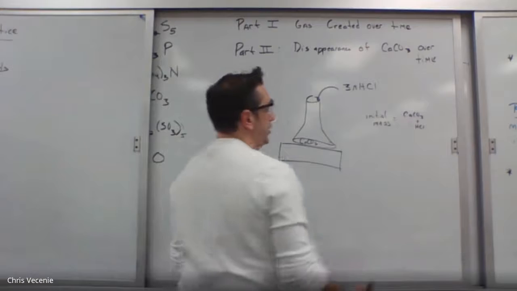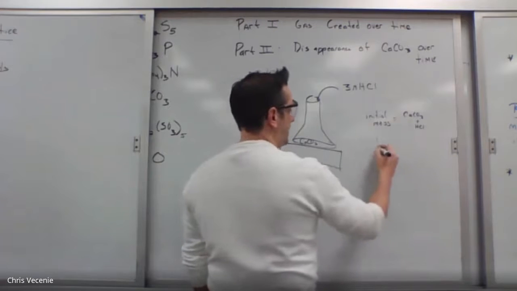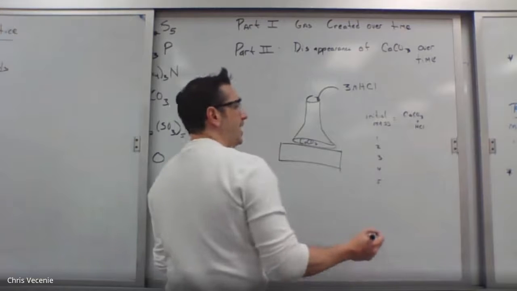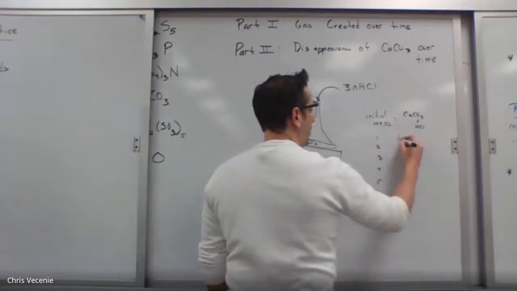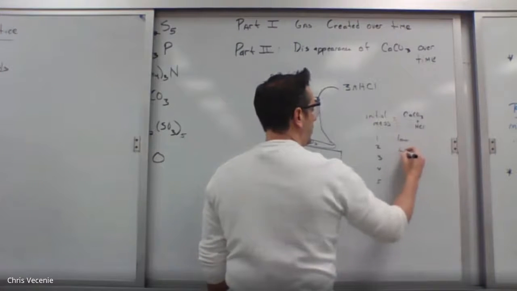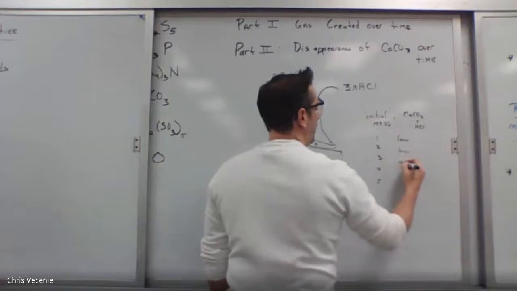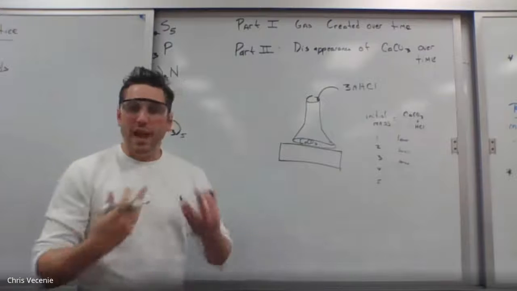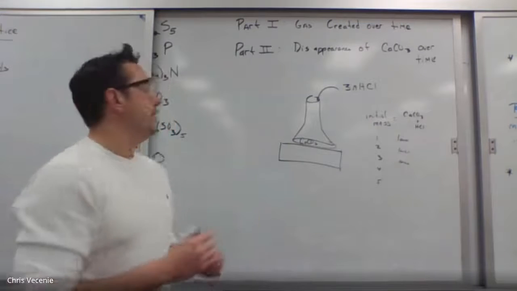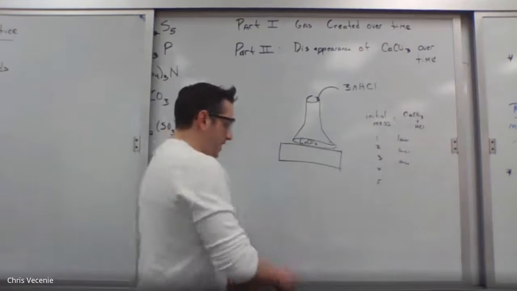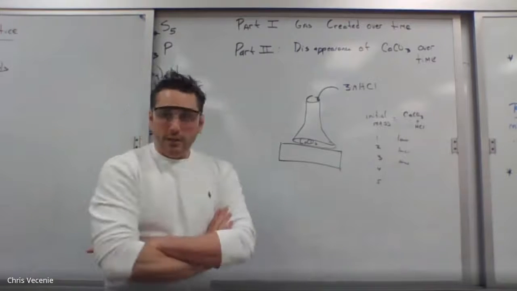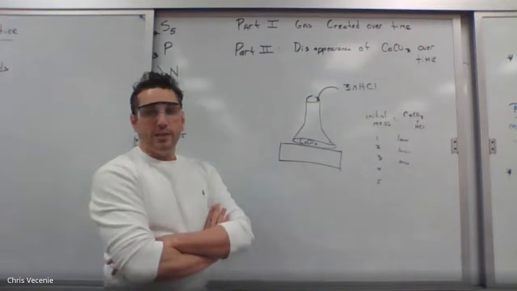So what we're going to do is measure a series of masses. And it will be no surprise that the masses will get lower and lower. The missing mass is due to the calcium carbonate, the marble chip, that is disappearing. This is basically the process that happens when acid rain rains on a marble statue if it is untreated.